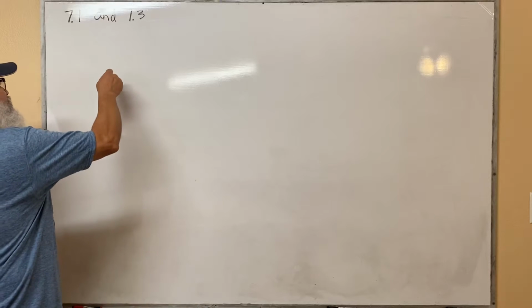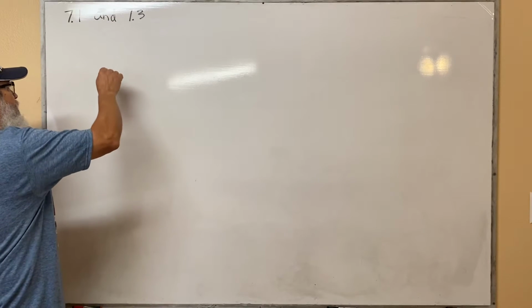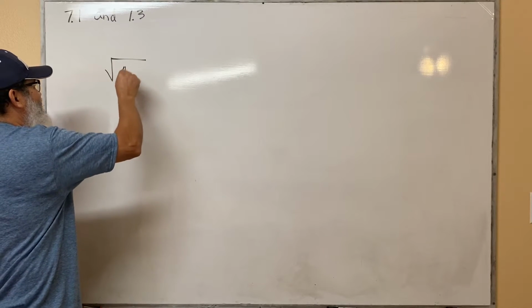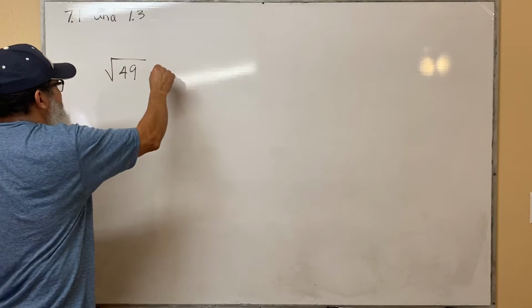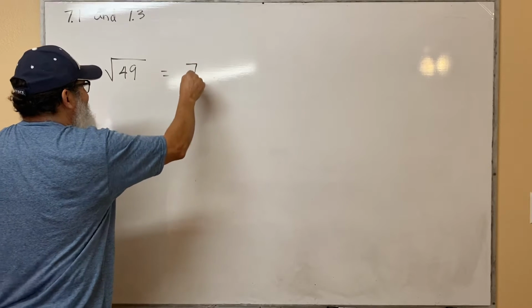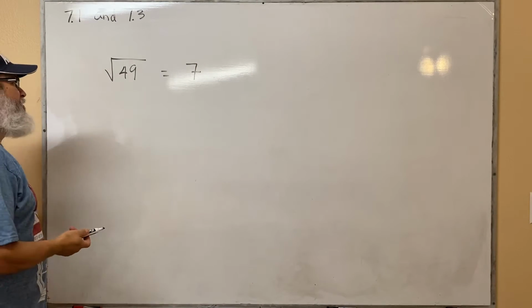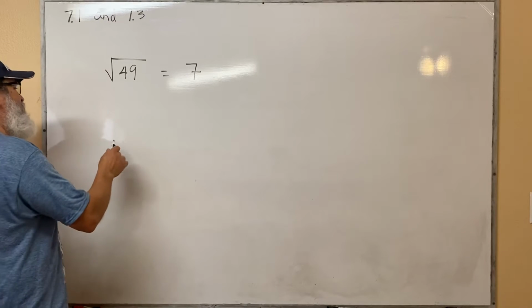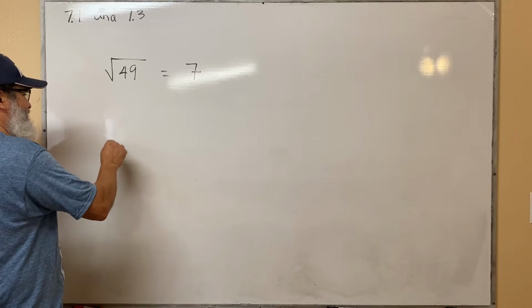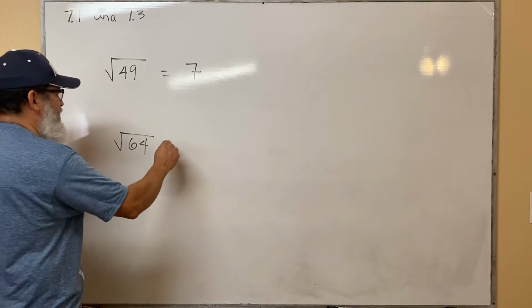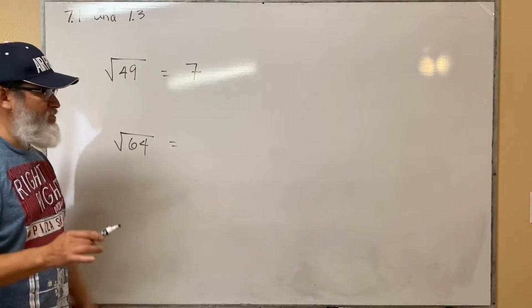What is the square root of 49? We already know this one. The answer is easy, 7. What is the square root of 64? The answer is easy, no problem, 8.